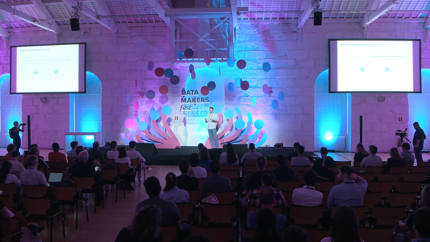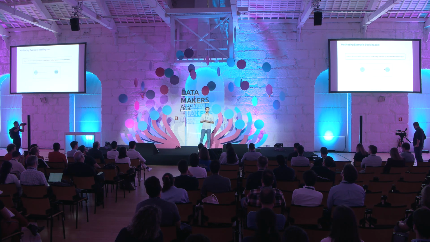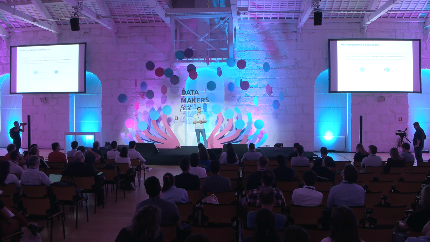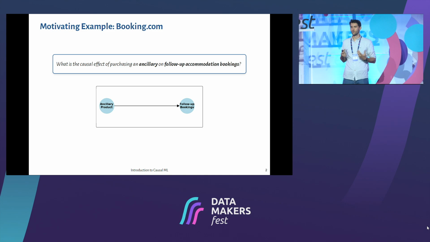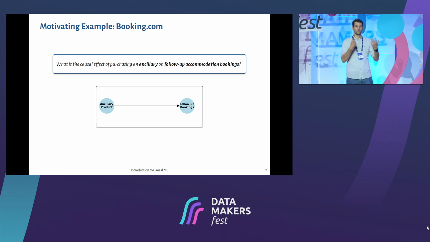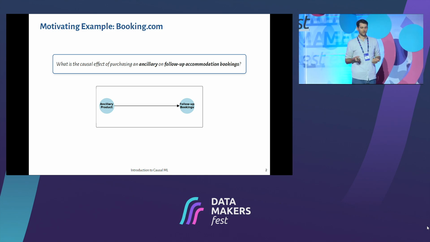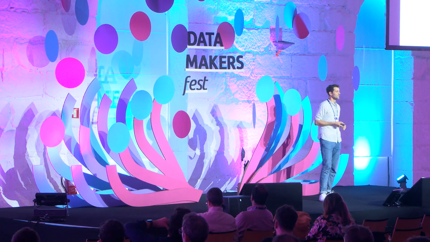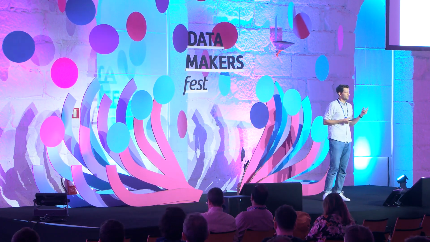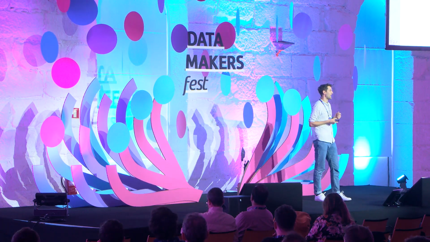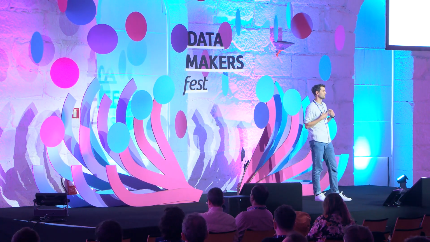Okay? That's a service that companies like Booking are offering, but they internally ask themselves, well, is it really beneficial for our business? So it's a causal question. They just wonder what to do. What's the best way to increase interactions with users? So in that case, the causal question was, does cross-selling these ancillary products actually help me in terms of my business?